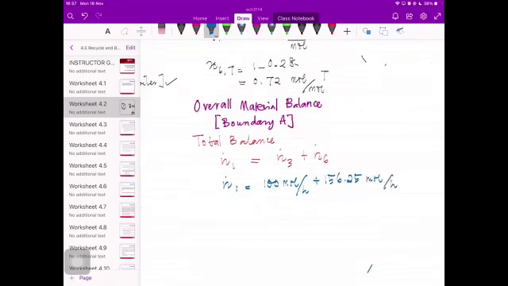So we are able to solve for N1. So N1 should be equal to 256.25 mole per hour. So that is our N1.